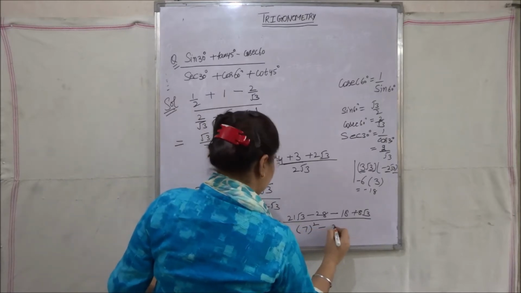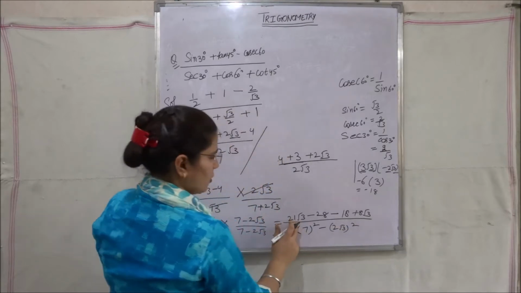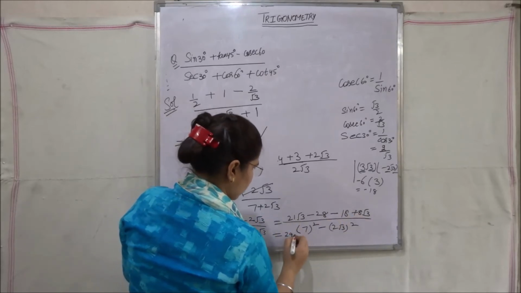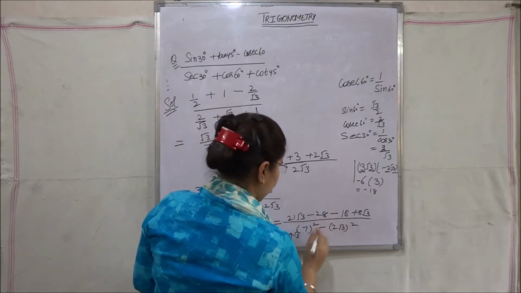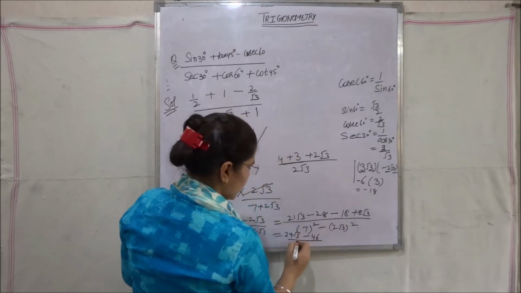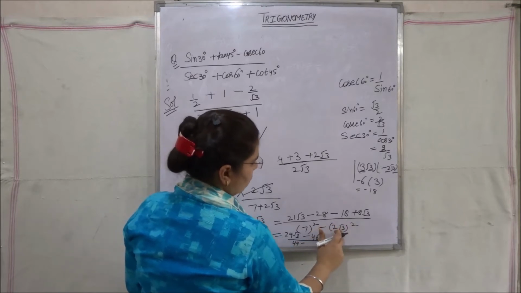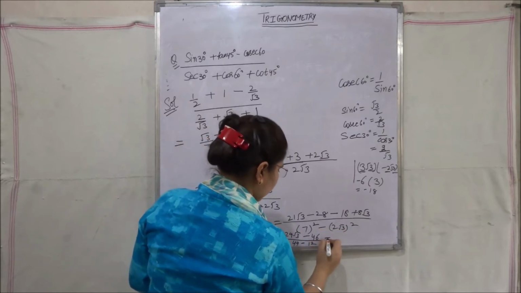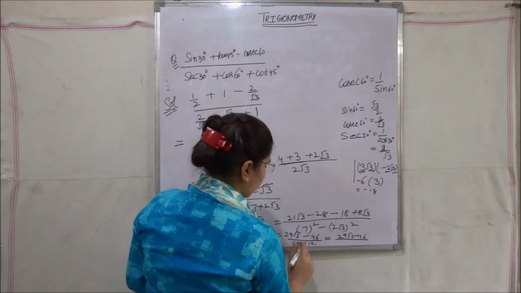So 7 square minus 2 root 3 square. 21 root 3 plus 8 root 3 is 29 root 3. 18 plus 28 will be 46. 7 square is 49 minus 2 root 3 square, which will be 2 2s are 4, 4 multiplied by 3, 12. So that will be 29 root 3 minus 46 upon 49 minus 12.